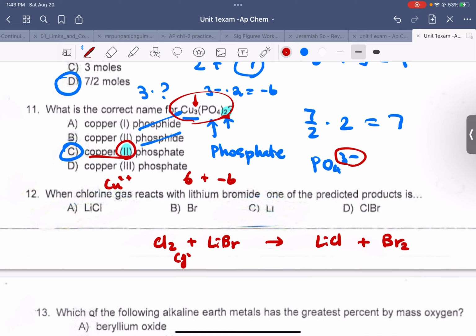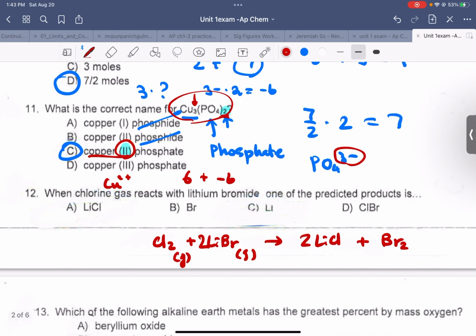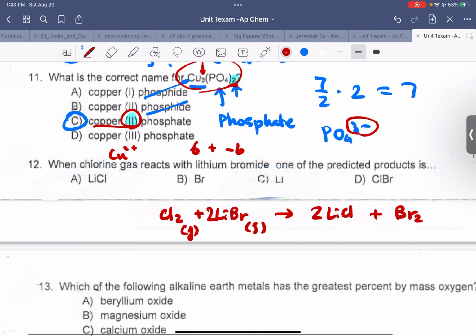Those are gas state. Then you have Cl2, so you have to put 2 LiCl, and you have to put 2 LiBr here. Then it'll be the correct chemical equation.